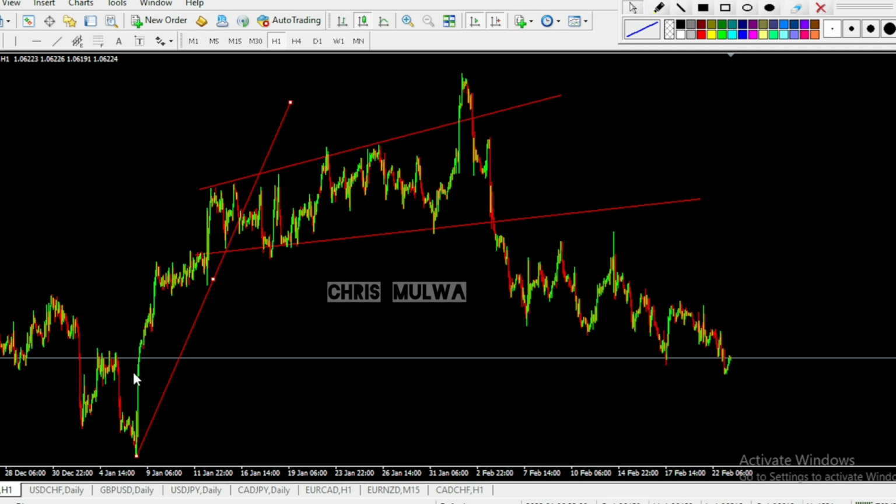Here it was above the trend line, on the left side of the trend line. Then the market crossed and it is now on the right side of the trend line. Are you getting it? From the left to the right. Now it is below the trend line.